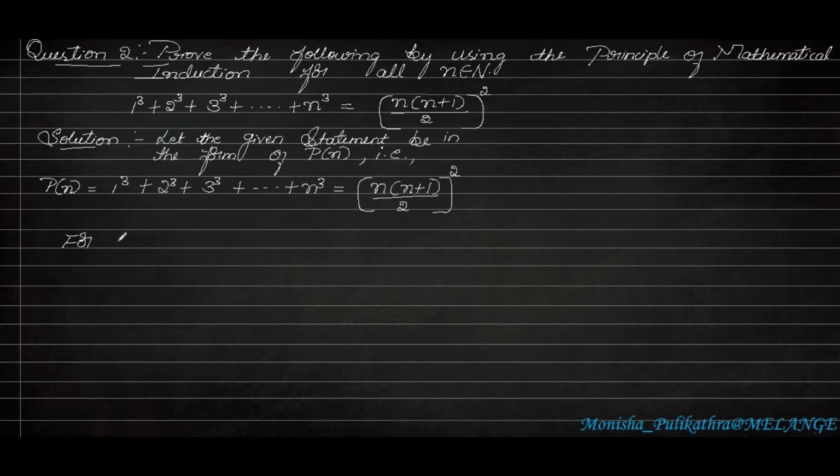So first is for n is equal to 1. Wherever n is there, we substitute it as 1. So we have p of 1 is equal to 1 cube plus 2 cube plus 3 cube plus etc., up to 1 cube itself, is equal to 1 into 1 plus 1 divided by 2, whole square.